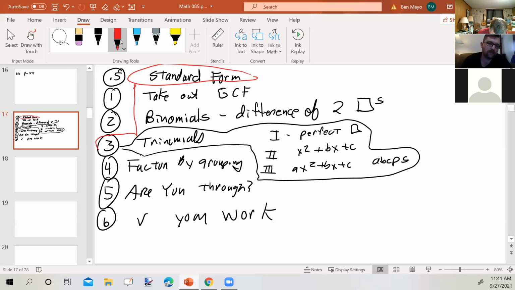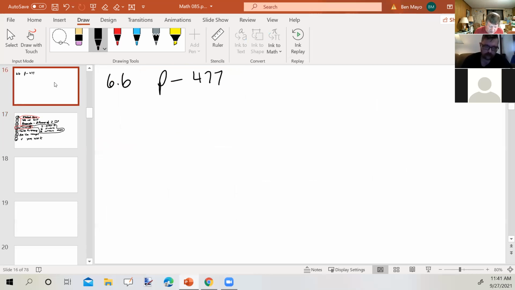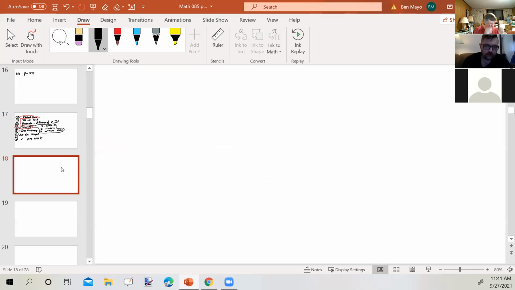Pretty much goes with trinomials. So it's a binomial. We don't care so much about standard form as if, is it the difference of 2 squares? And we'll look at that. Okay, so there's my list. And again, that same list is back there on page 477, just written in the author's language instead of mine. Okay. So now here come some examples.